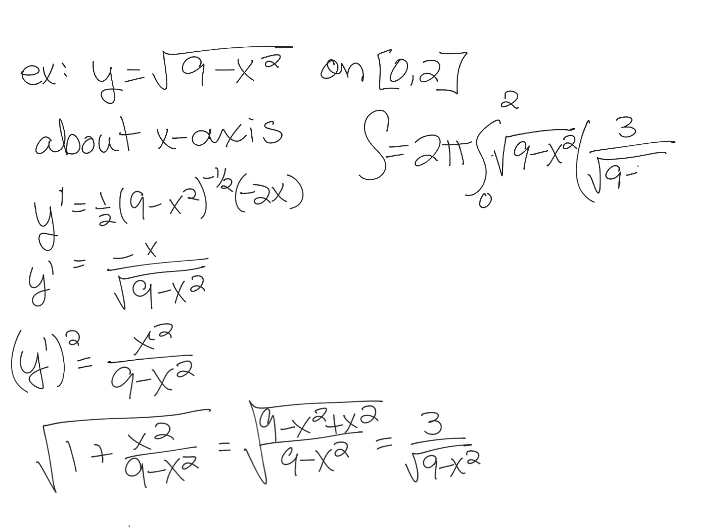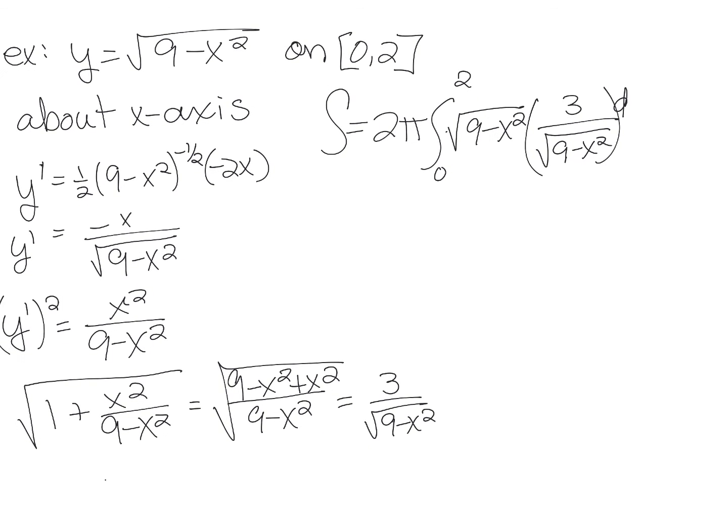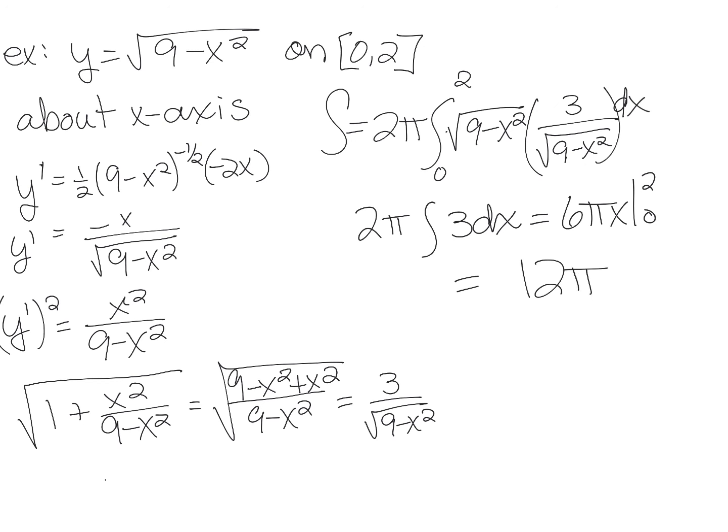Look what happens. Isn't that pretty? dx. And we are just integrating 3 dx. So that's 6 pi x from 0 to 2. I get 12 pi. Booyah.